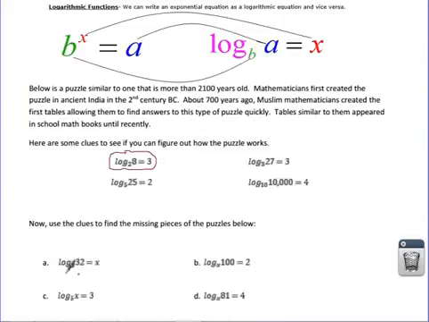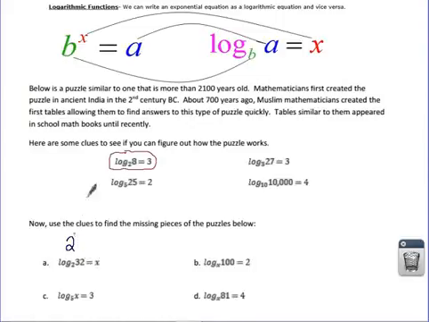Well, let's change this to an exponential equation. Our base here is 2 in this logarithm, and that base number of 2 is actually the base number of the exponential. We call this number the base, and x is the exponent, but b is the base. So we got a base of 2.